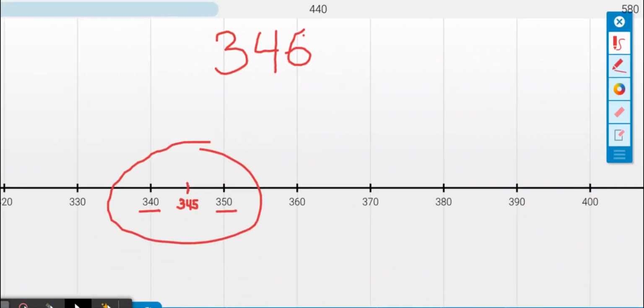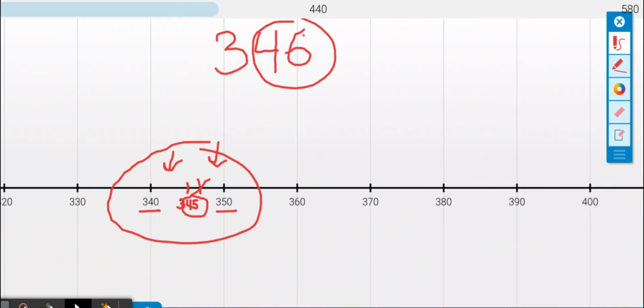Now, our number was 346, so we asked the students to look at that 46 and that 45 and ask the question, does 46 come before 45 or after 45? Well, we know that 46 comes after, so it's going to be somewhere on this side of the number line.